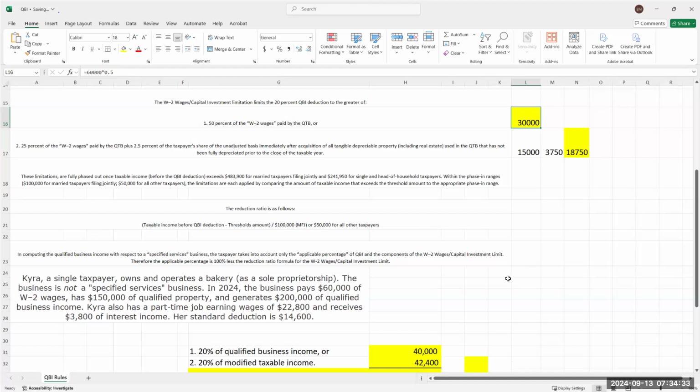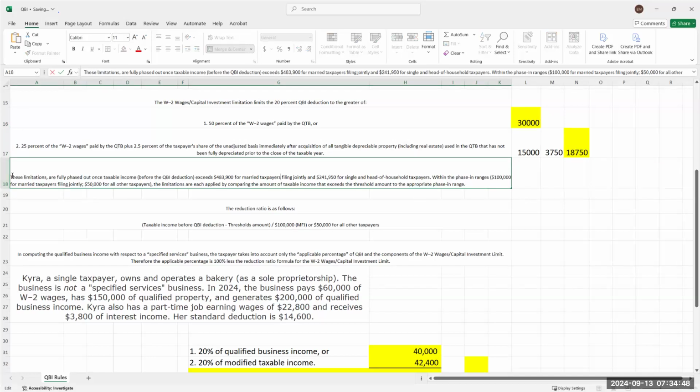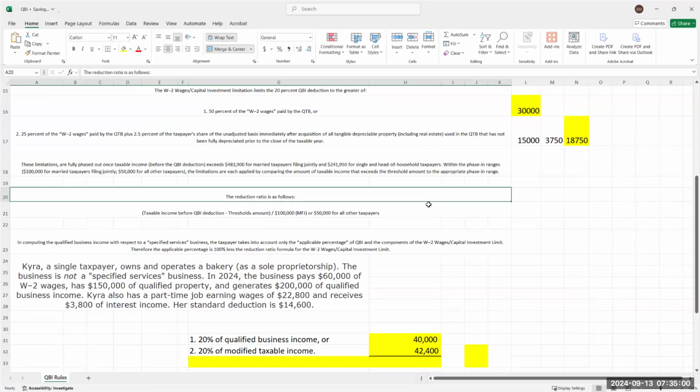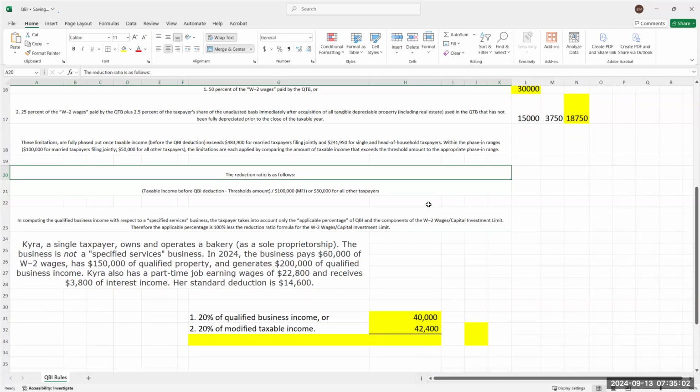But because her taxable income before the QBI deduction exceeds 191,950, but it's less than 241,950, which is where it starts to phase out. As we see here, these limitations are fully phased out once taxable income exceeds 493,900 for married filing joint individuals and 241,950. So she doesn't fully phase out. Based on that, that is why there is a reduction.